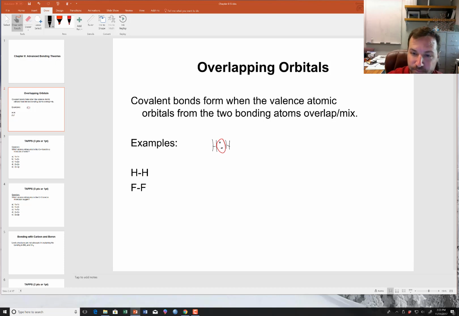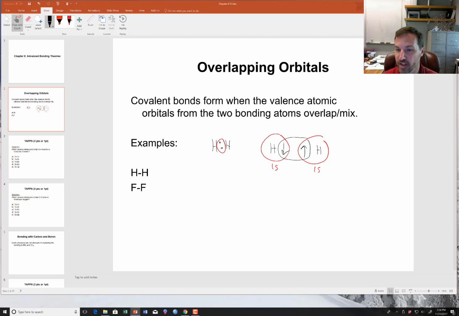So if we think about hydrogen, we know that hydrogen will involve a 1s orbital. So if we draw two hydrogens, each with the 1s orbital, and of course we know that we'll have these unpaired electrons in each hydrogen, and these orbitals are going to overlap, and this is what's going to allow our bond to form.